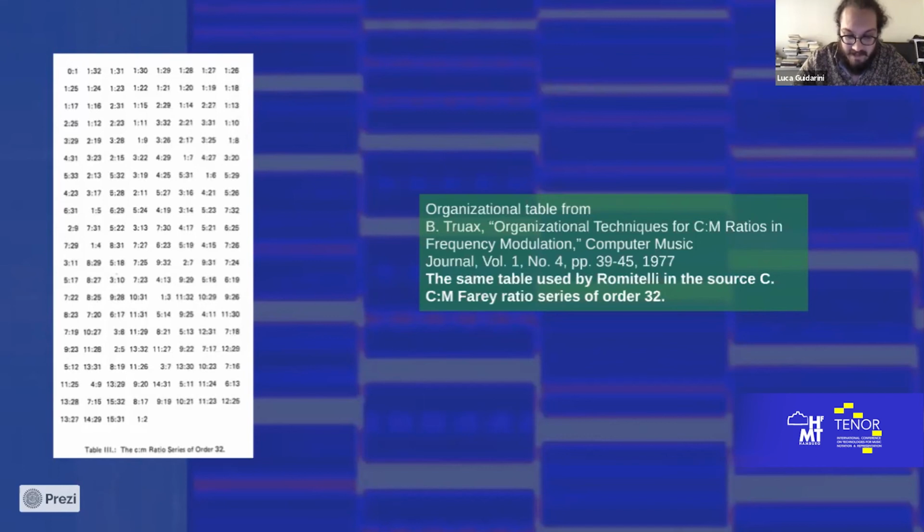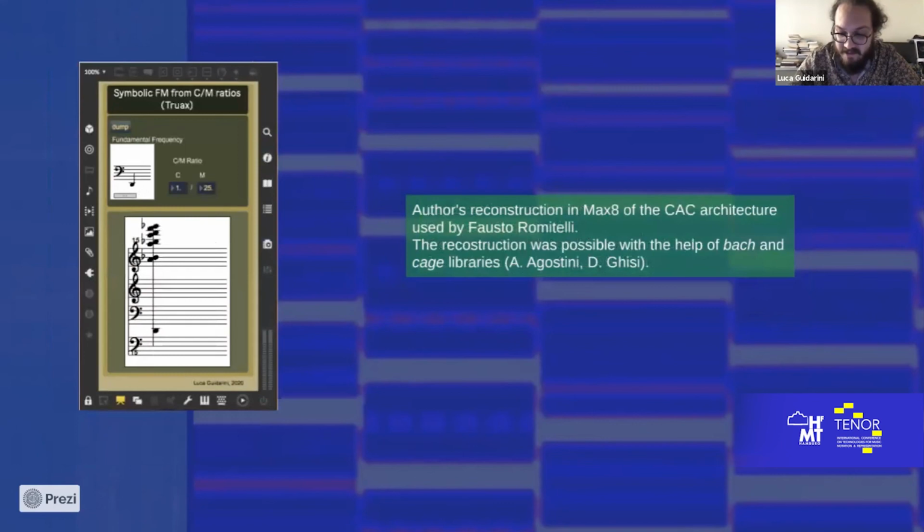Starting from that and from pitch aggregates in source B, it was possible to recreate on Max 8 using Bach and Cage libraries, especially the object Cage FM, the OpenMusic patch used to create the symbolic FM from the fundamental frequency and the ratios between the carrier and modulation frequency, with a fixed modulation index of 1.